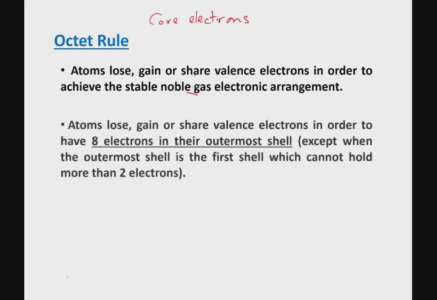In other words, atoms will lose, gain, or share valence electrons in order to have 8 electrons in their outermost shell. Except, of course, when the outermost shell happens to be the first shell, whose capacity is 2, and then it's considered to be full. This is the octet rule, and the octet rule forms the basis of chemical bonding, and this is the rule that we will follow pretty strictly for our class.